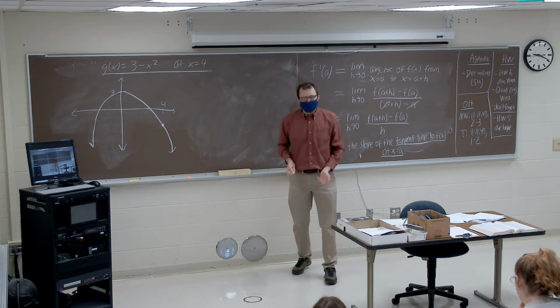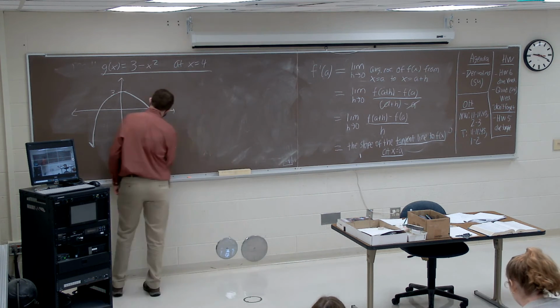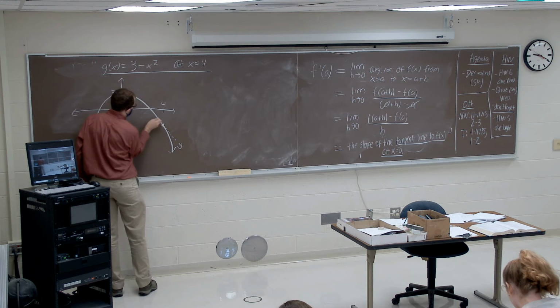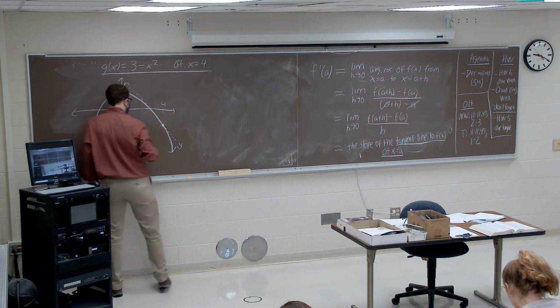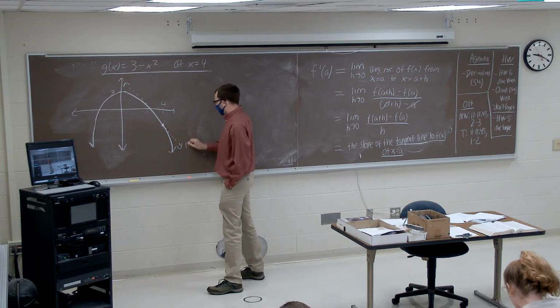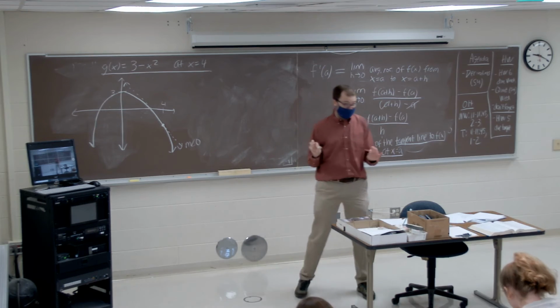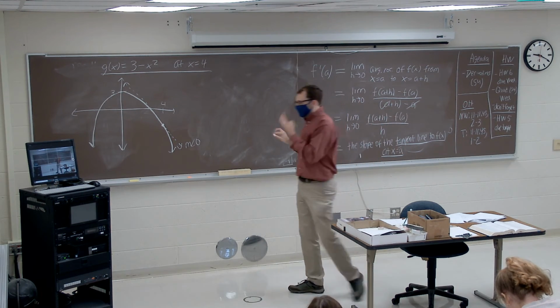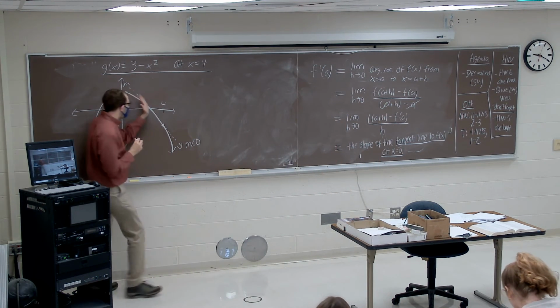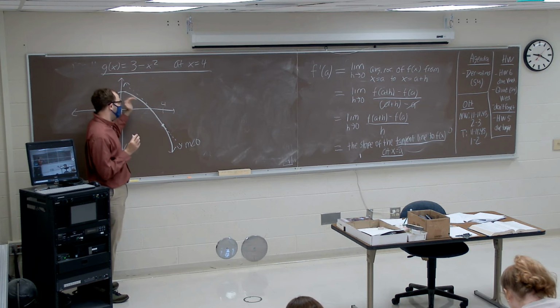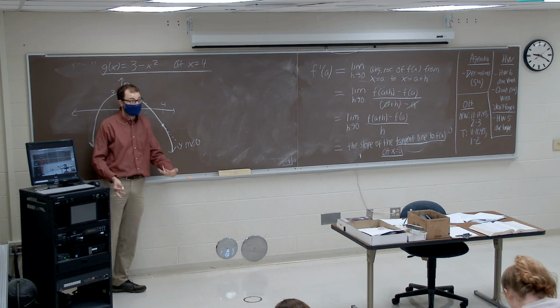Yes. If we were to sketch out a graph of our tangent line here, certainly looks like this tangent line here is going to end up having a slope that is negative. Meaning as we move from left to right on the graph, our function is moving downwards. It's decreasing, so to speak.